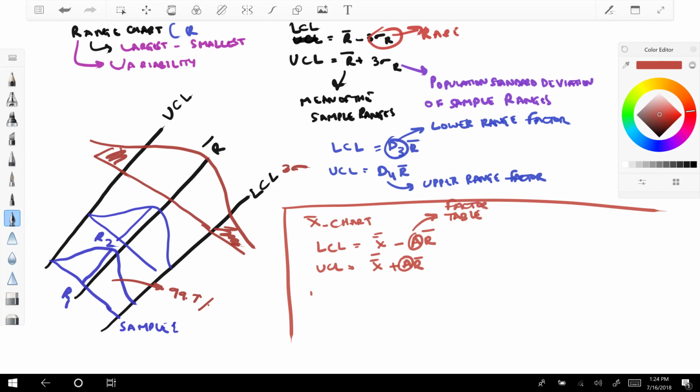For the R chart, the lower control limit is D3 R bar and the upper control limit is D4 R bar.